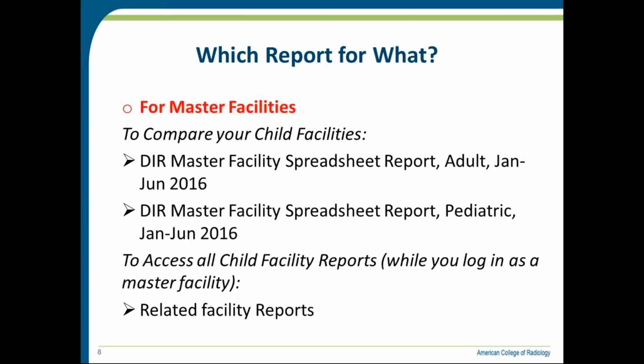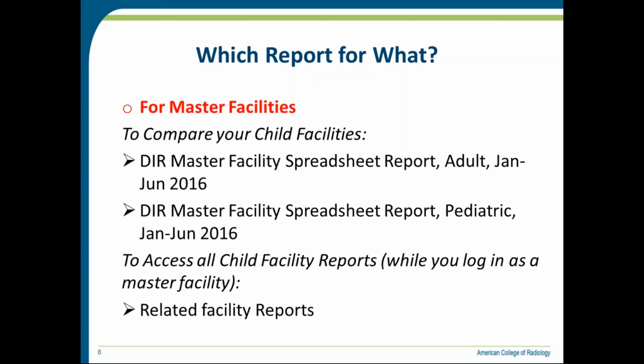And for facilities which are under the umbrella of a master facility, you can compare all of your child facilities with the master facility as well as the dose index registry using our master facility spreadsheet report, which is the Excel spreadsheet report for adults and pediatrics. And you can log in as the master facility and see all of your child facilities' PDF reports.